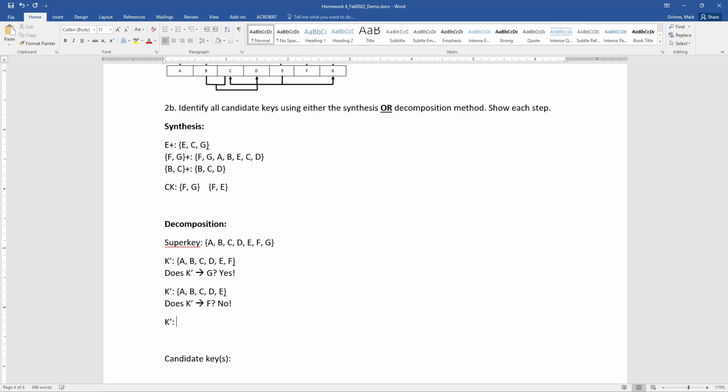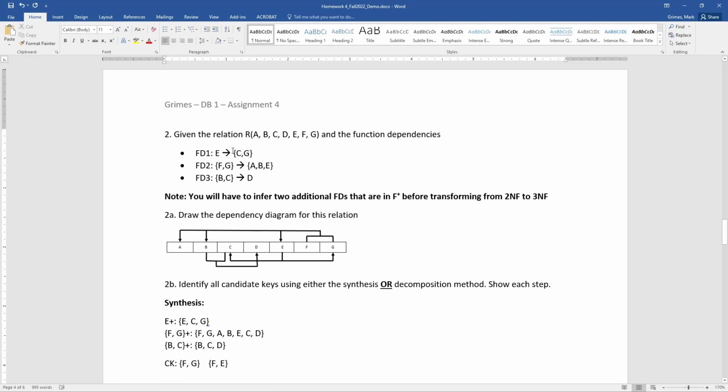So now we're going to set a new value for K prime, which is going to be A, B, C, D, F, and we're removing E, right? Now we ask the question, does K prime functionally determine the attribute we just removed, E? Does A, B, C, D, F functionally determine E?